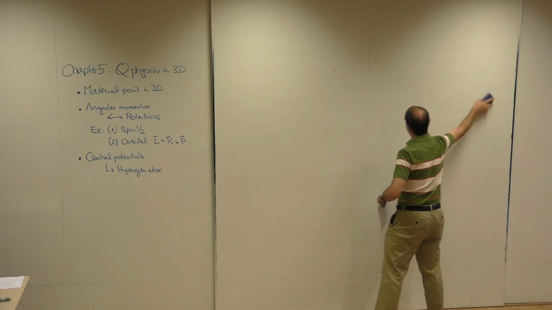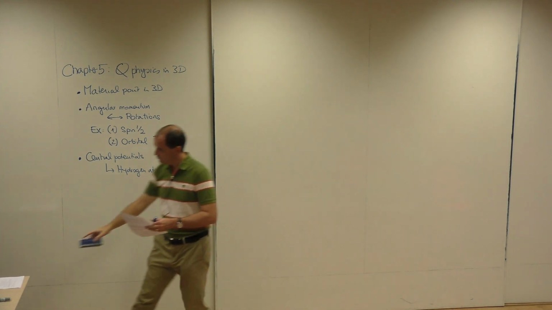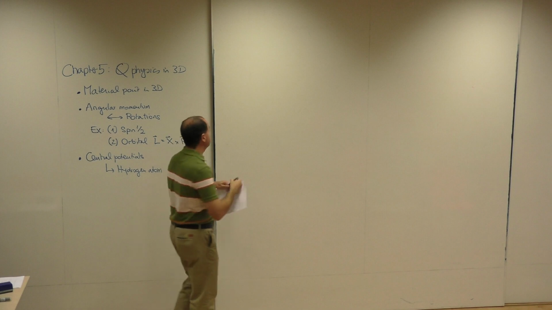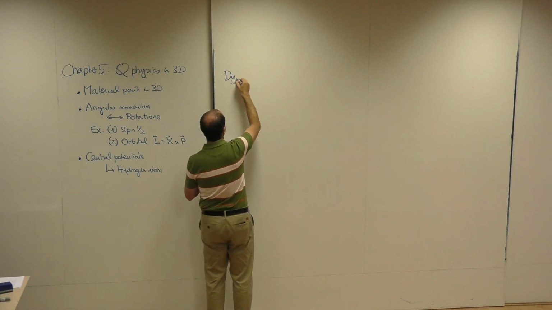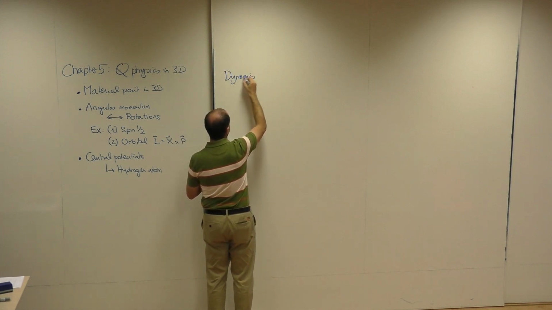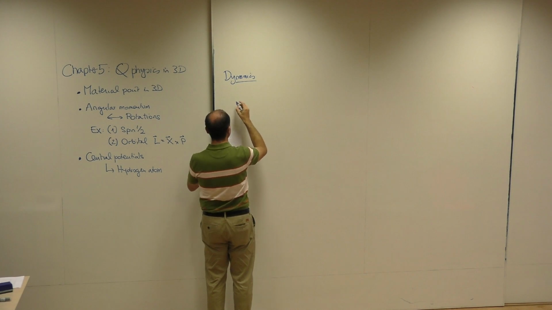So for the dynamics, the generalities of the dynamics. Well, the Hamiltonian looks like this.